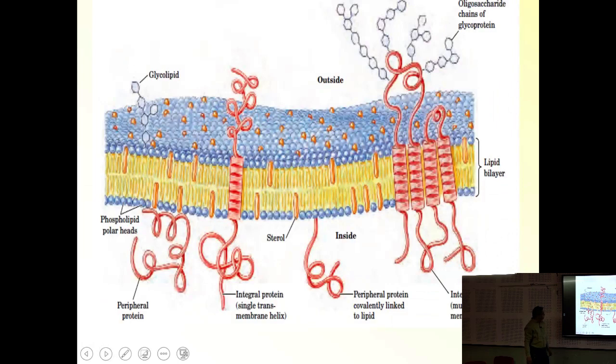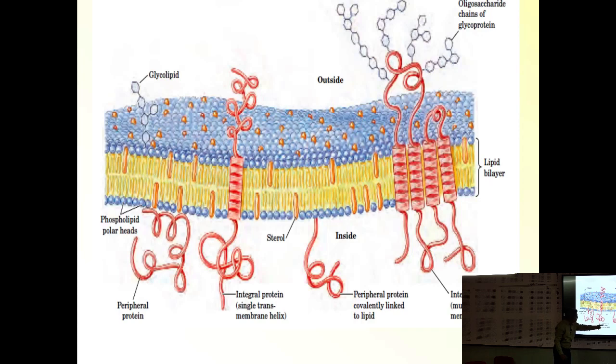Similarly, now I will give you a simple cell membrane structure. As we know, any cell membrane is made up of these components: a hydrophilic head and a hydrophobic tail. Integral proteins are also there.